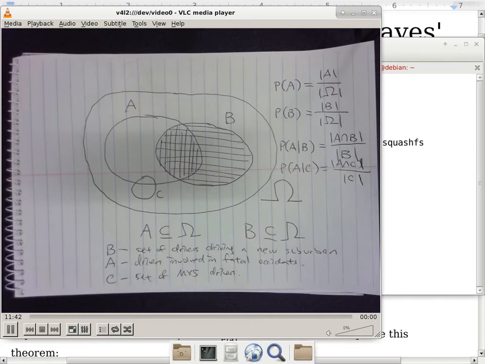That would still be impacted by the number of people who are actually driving Suburbans versus people driving Miatas, which is not indicative. That's not the reason why we jack up the insurance premium when people drive Suburbans. But the other way around is when you look at the conditional probability.